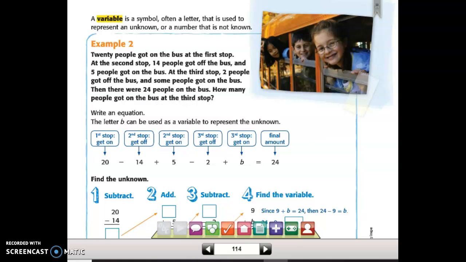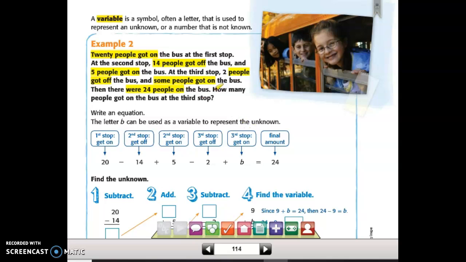So let's highlight what we know. 14 people got off. 5 people got on. 20 people got on. Third stop, 2 people got off. And some people got on. That's where we're going to need our variable. Then we know there were 24 people on the bus.